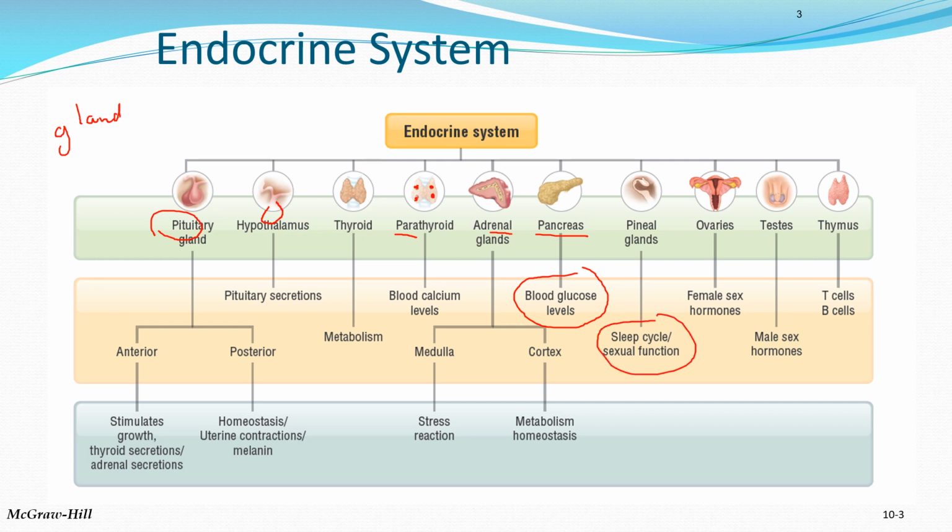So sleep, wake. And then the gonads, male and female. And then lastly, your thymus, which sits right above your heart, and that's involved in your immune system. So that's a basic overview of the major glands.